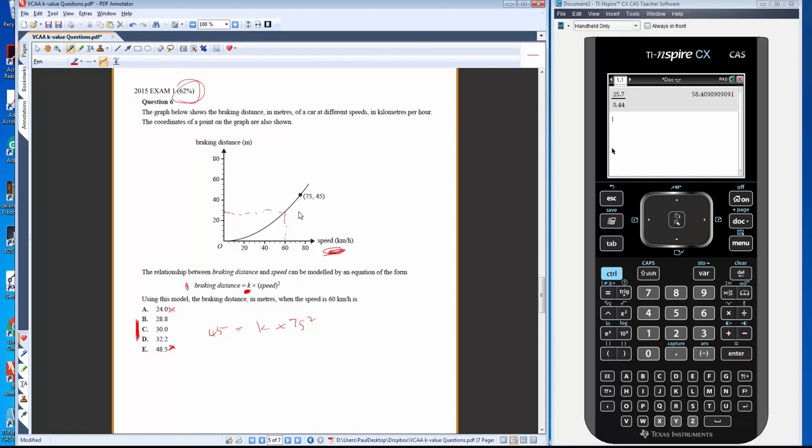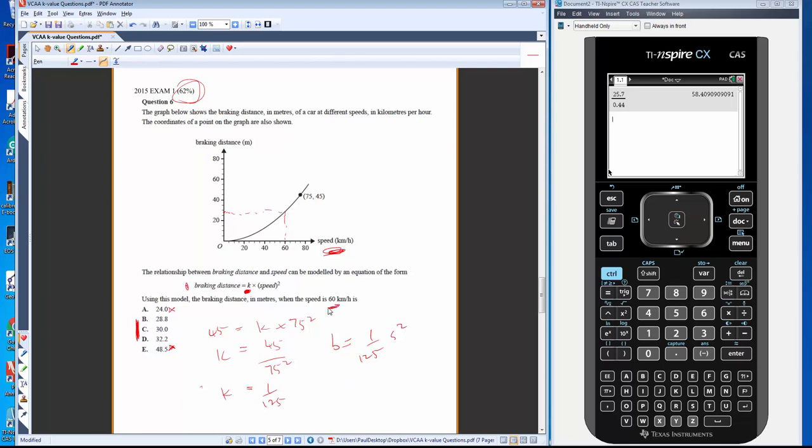So it's going to be 75 squared, and k is 45 on 75 squared. When you do that on your calculator, you'll find that it is 1 on 125. So now the formula is B, braking distance, equals 1 on 125 speed squared.